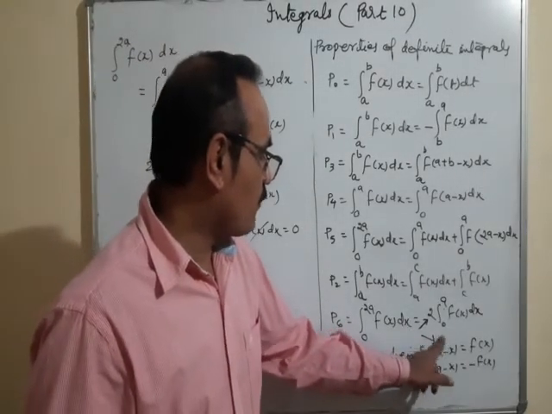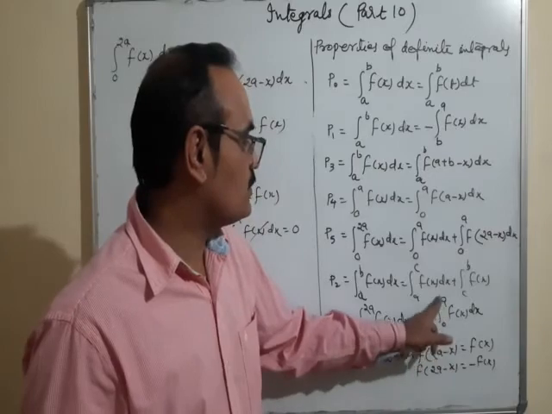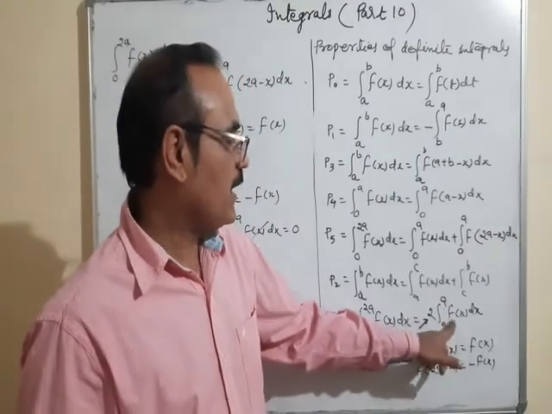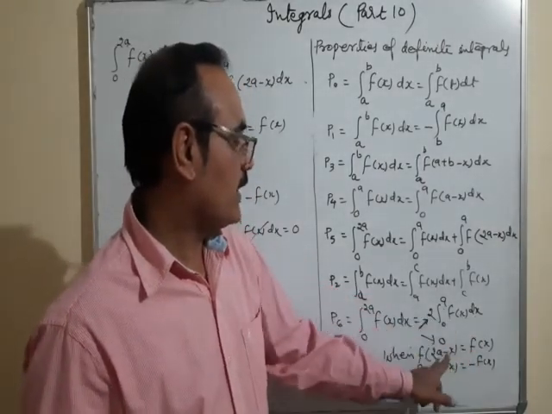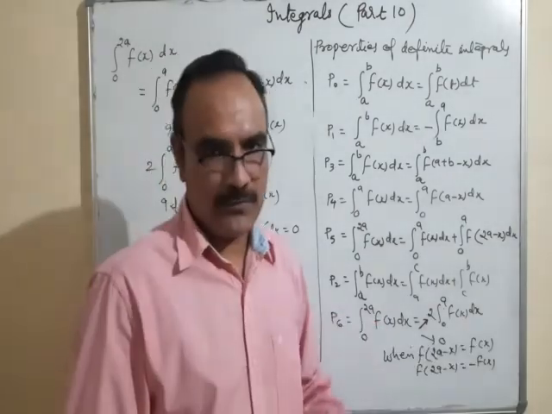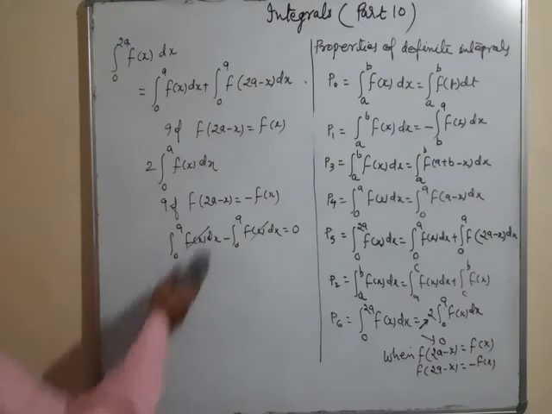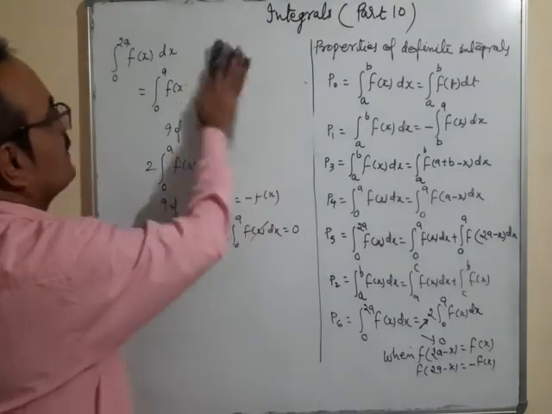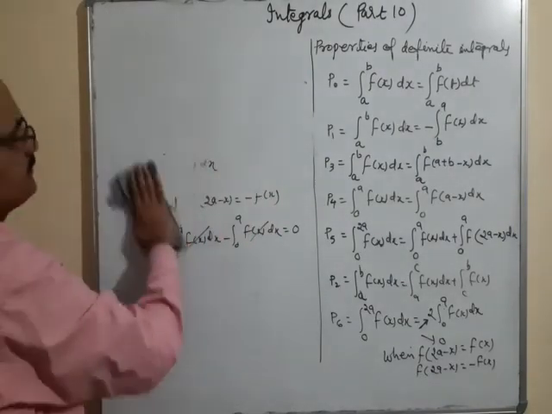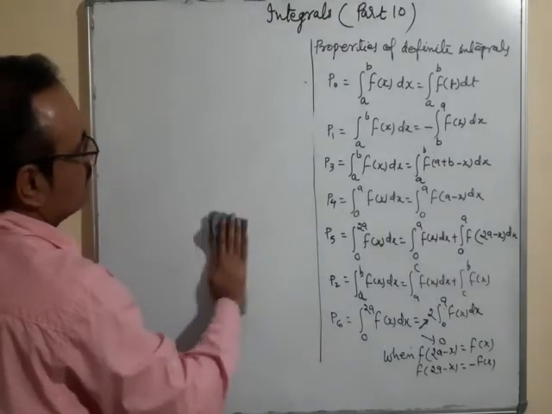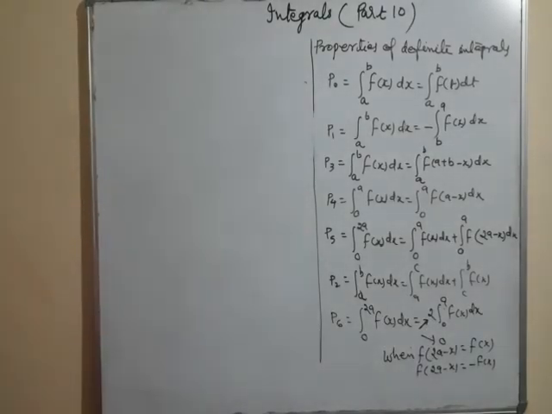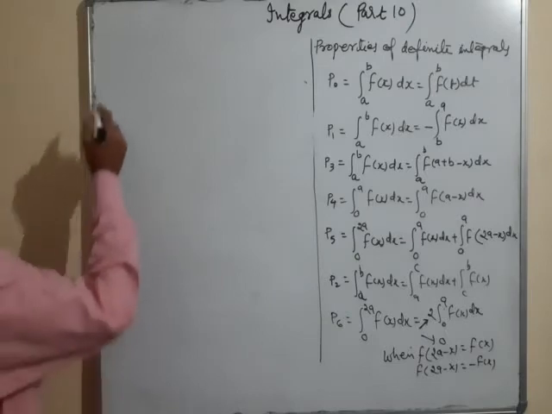So it is 2 times the integral from 0 to a of f(x) dx when f(2a minus x) is equal to f(x). Okay, this I am writing here.